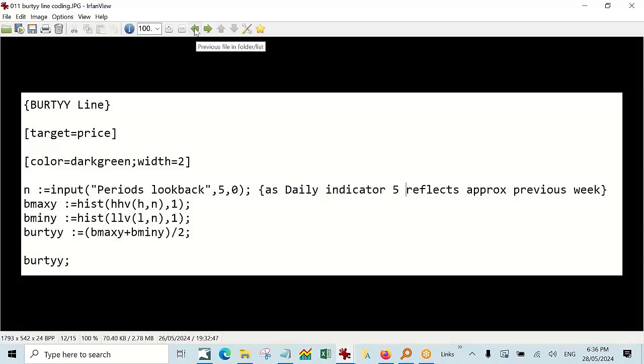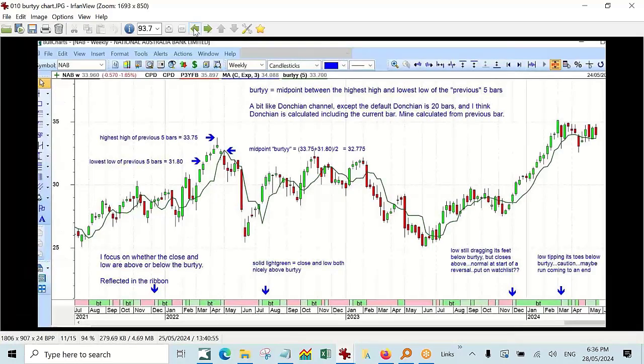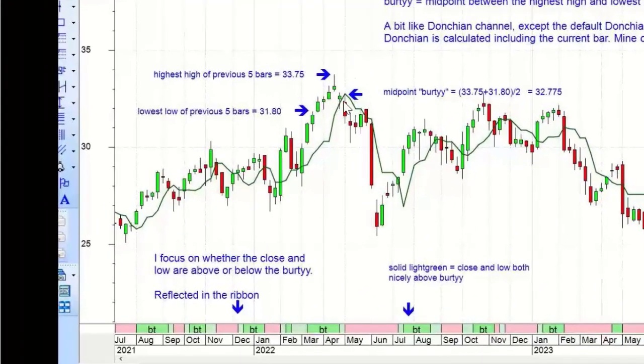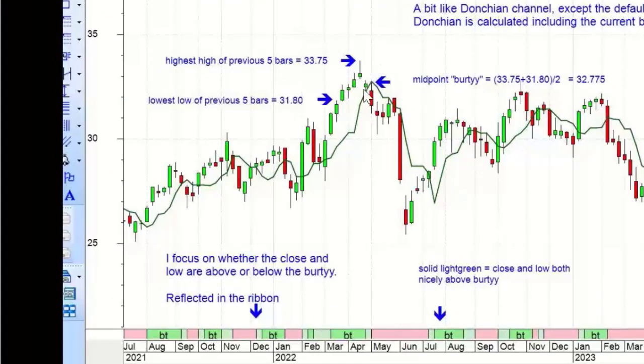Did Leonie have a question there? I just saw a name flash up. Yes, Phil, Leonie's asked a question in the chat box. Does the 5 days before start again from the point, or is it by each day? Yeah, each day. That point there represents the midpoint of those 1, 2, 3, 4, 5 bars.